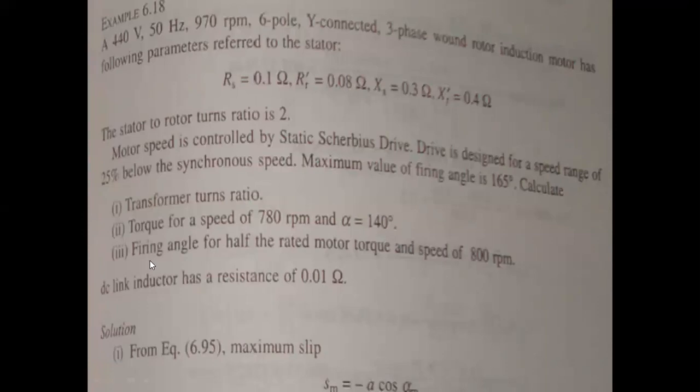And third bit, we have to find the maximum torque, and at half of the motor torque at a speed of 800 rpm we have to find the firing angle. Okay, so in one bit they have given the firing angle, and in another bit they have asked to find out the firing angle. And the DC link inductance has a resistance of 0.01 ohms.